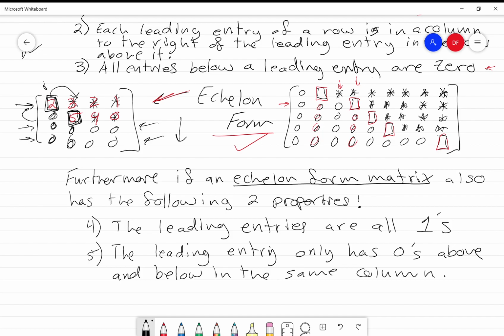So, these two matrices are echelon form.